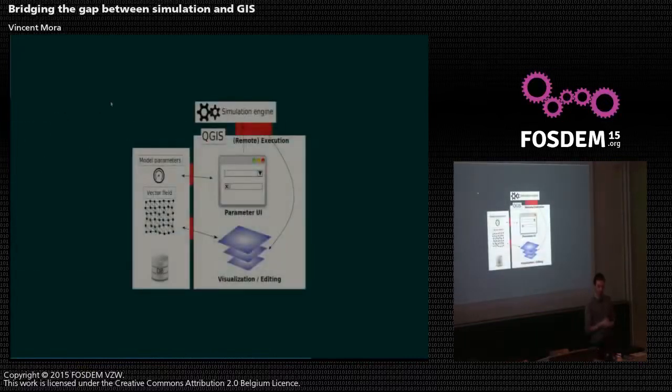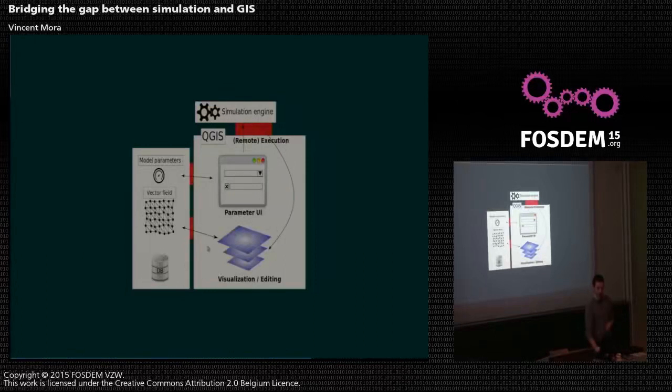So the overview of the architecture we are trying to propose is something like this, where we have this central notion of vector field here, and probably within a database, something like PostGIS or Spatialite.